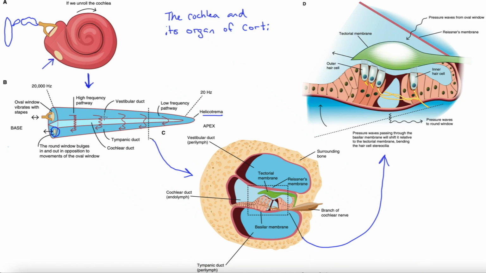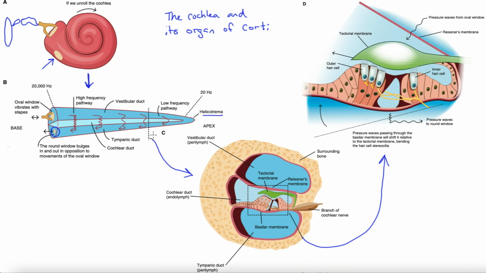Now, along the way, where are we being sensitive to these frequencies of sound? The rationale for the spiral is that different frequencies of sound will pass across this middle duct, known as the cochlear duct, which is entirely membranous, at different locations. High frequency sounds will pass across very early in the spiral, whereas low frequency sounds will pass across much later.